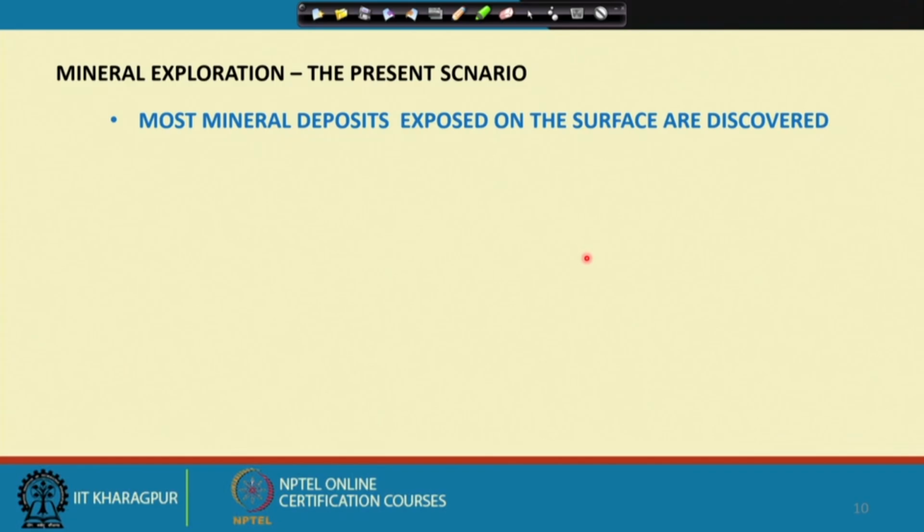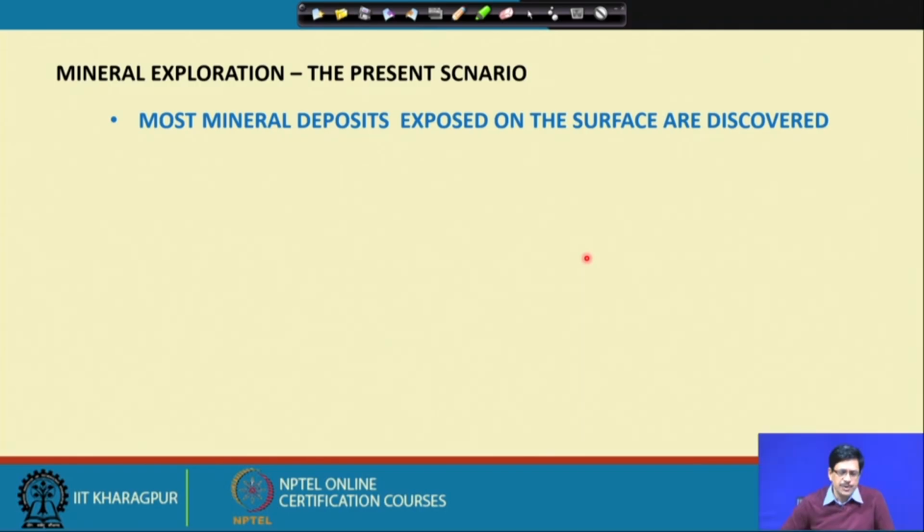Before we go to the detailed discussion on mineral exploration, its methodologies and the intricacies, let us have these things. These are the things which you can keep in mind: most mineral deposits exposed on the surface are actually discovered.